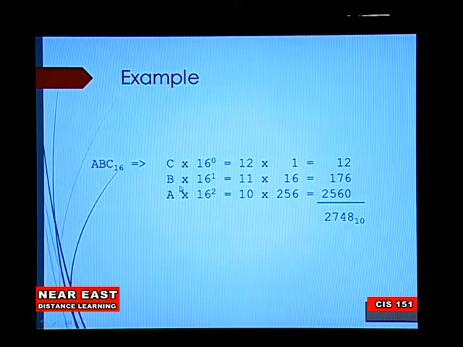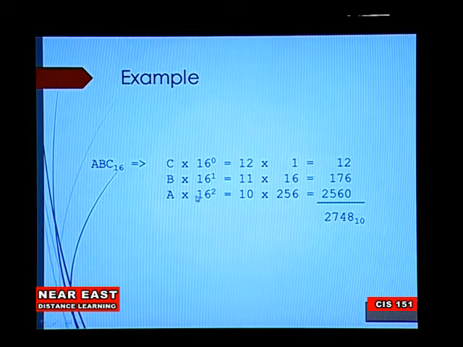So now to the base 16, and we have to consider again the weight. So C multiplied by 16 to the weight n, which is 0 here, C is 12, and 12 multiplied by 1 is equal to 12. B multiplied by 16 to the weight n, which is 1 here, B is 11. 11 multiplied by 16 is equal to 176.